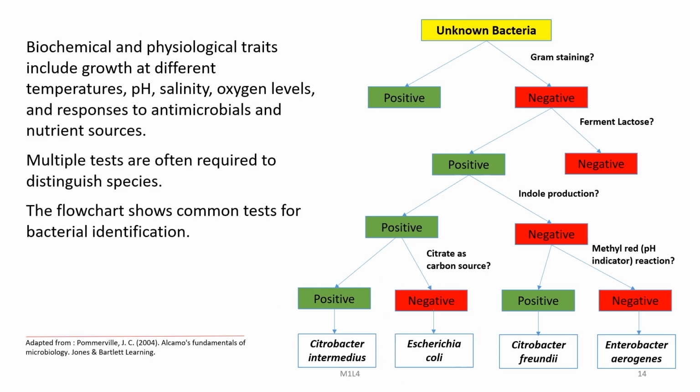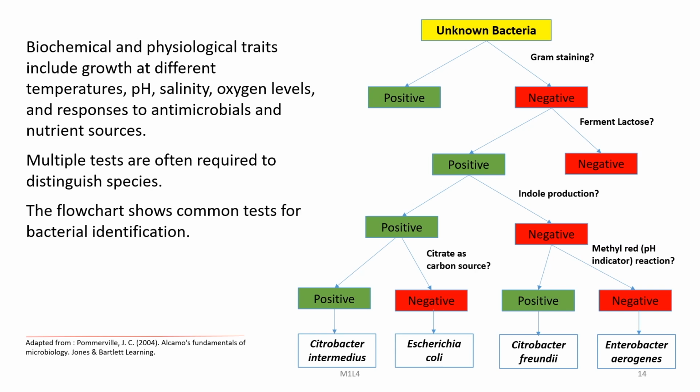So, biochemical and physiological tests include growth at different temperatures, pH, salinity, oxygen levels, and responses to antimicrobials and nutrient sources. For example, here citrate is taken as a carbon source, and then here we are looking into lactose fermentation. Multiple tests are often required to distinguish the species, as you can see over here in this diagram.